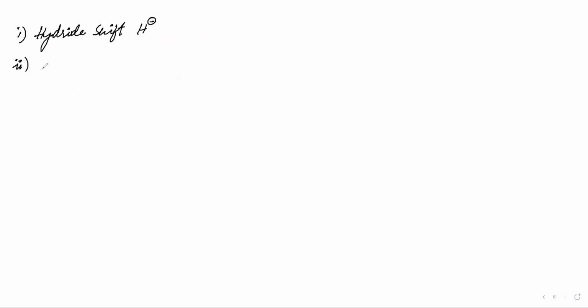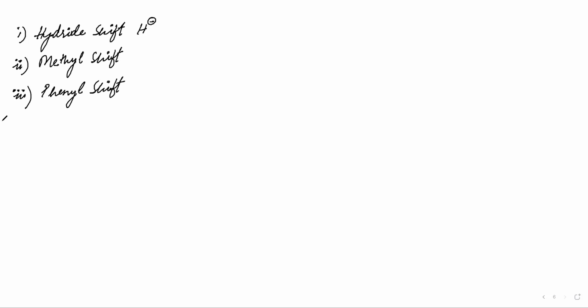The second one can happen, methyl shift, or rather than methyl, if I say it is alkyl shift, it would be better. Alkyl shift or methyl shift. But mostly what happens is methyl shift, and there is another which is called phenyl shift. Phenyl shift.